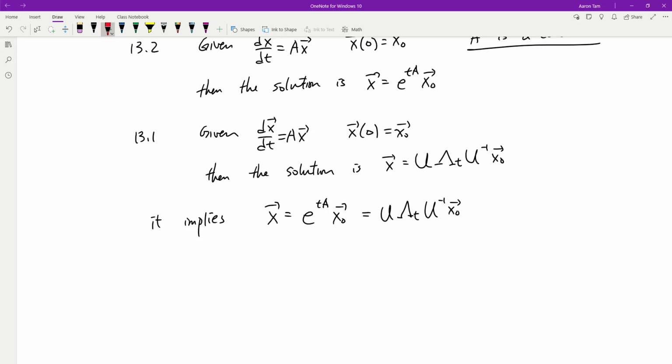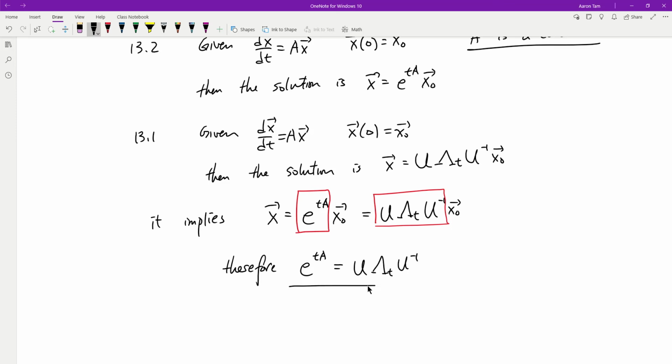That tells me that this and this must be the same, and that gives us a formula to generate the matrix exponential, e to the tA.